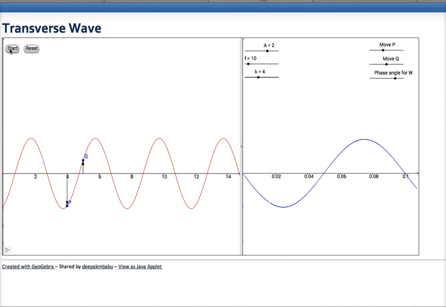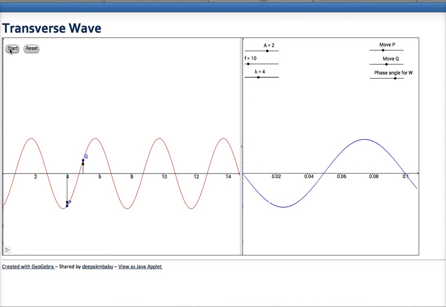Rest of you, yes? Do we agree? And do we agree that its velocity is 0 at the crest and trough points, at the highest and lowest points? Because it's turning around in its path, right? It was going up, when it reaches a crest, it stops and turns around, which means its velocity has to become 0. Yes, do we agree with that? So at the extremes, its velocity is 0. At the middle, the velocity is the maximum at the central point. Okay?